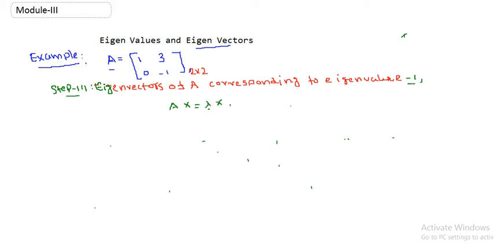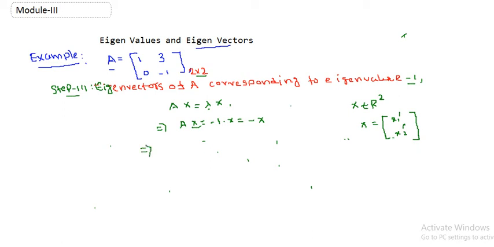Lambda here is minus 1, so we get Ax equals minus 1 times x, which is minus x. Because A is a 2 by 2 matrix, x is a vector in R2. So let me take x equal to (x1', x2'). We are just choosing x in this form.